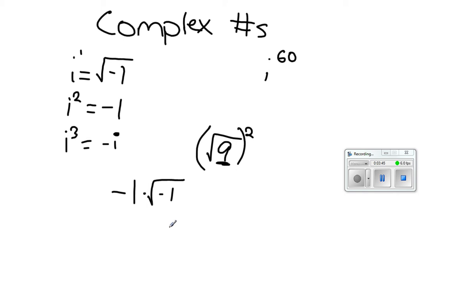Right? But what's the square root of -1? It's i. So we have -1 times i. And what's 1 times anything? I, but it's negative, so this isn't positive i anymore. Now it's -i.